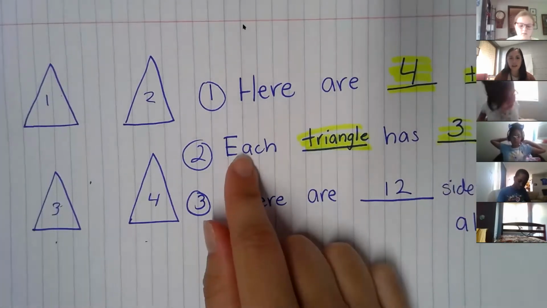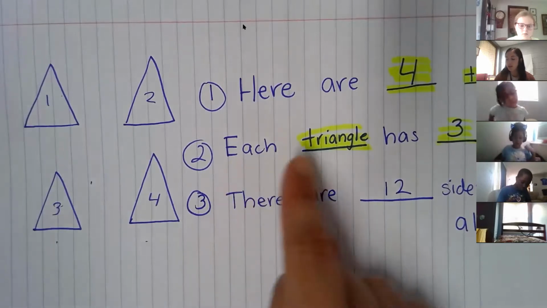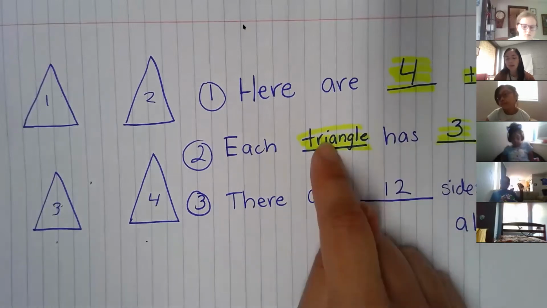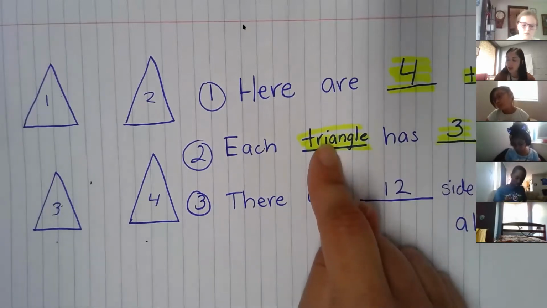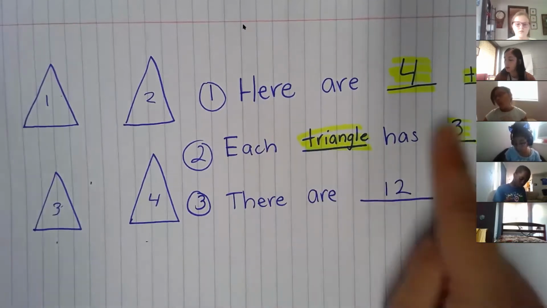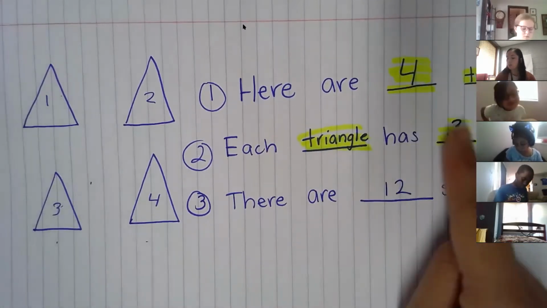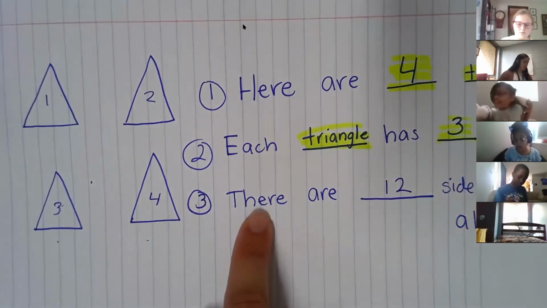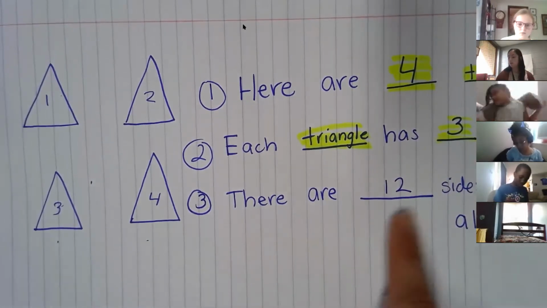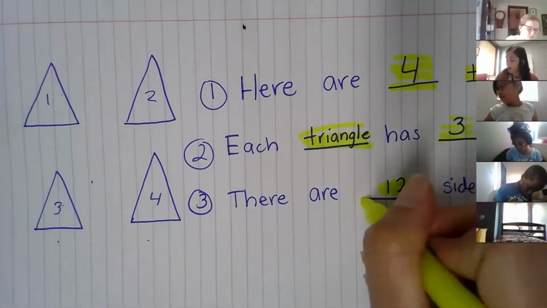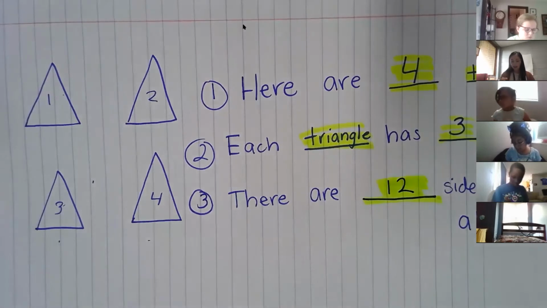The second sentence is each of those things, so each triangle has 3 sides. Say we were doing squares instead, each square has 4 sides. So these numbers and these words can change. And then our third sentence is there are 12 sides in all. So you guys had to go and figure that out.